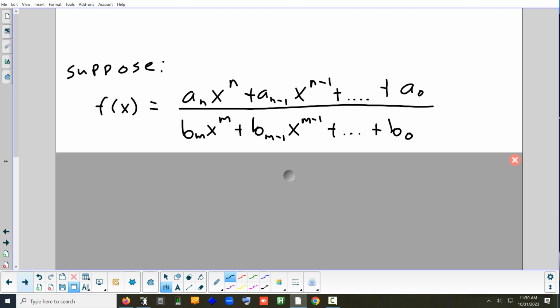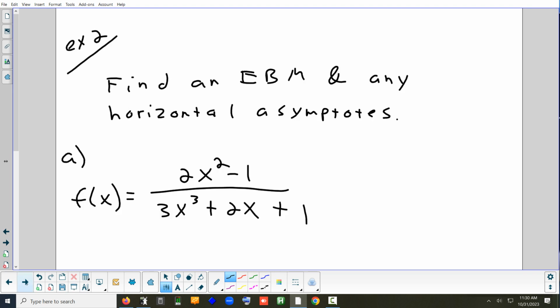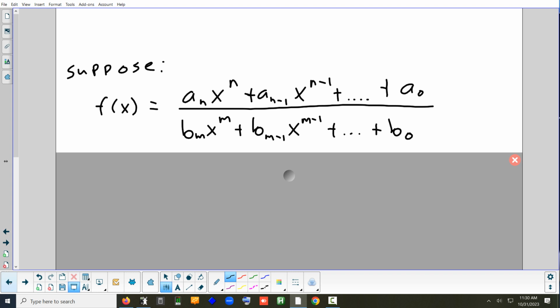Alright, so when we do a problem, we're going to have a polynomial in the top, and we're going to have a polynomial in the bottom. That's what that represents. So it just stands for some polynomial in the top and another polynomial in the bottom. Generally, the exponent goes down 1 each time.